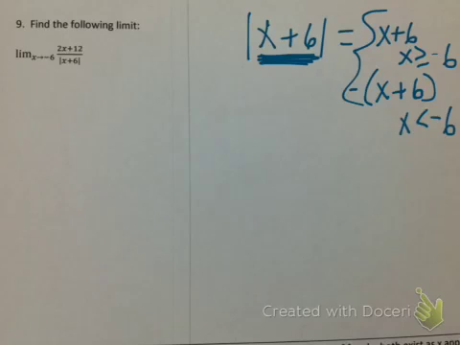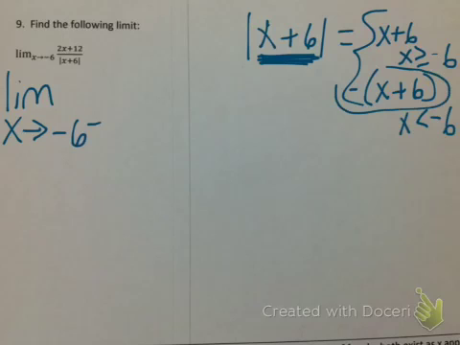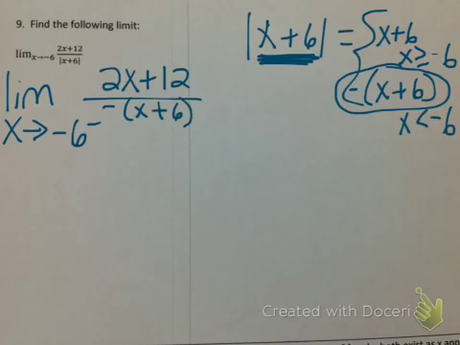Now to find the limit, I need to find the left limit and the right limit. So the limit as x approaches negative 6 from the left. From the left, I would use this piece. Now when I go to do the function, I have 2x plus 12, and I'm going to put in negative x plus 6 for the absolute value. Now I can simplify this, just like we did last section.